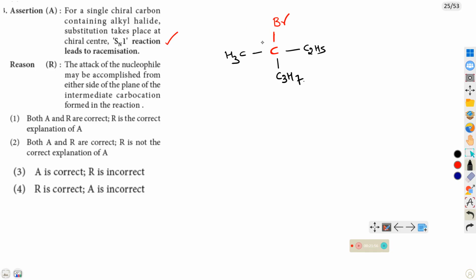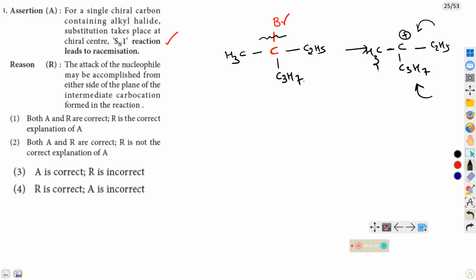Now, here break the bond between carbon and bromine. Then it gives 3-degree carbocation. It favors SN1 mechanism. In SN1 mechanism, front side attack is possible as well as back side attack is also possible.